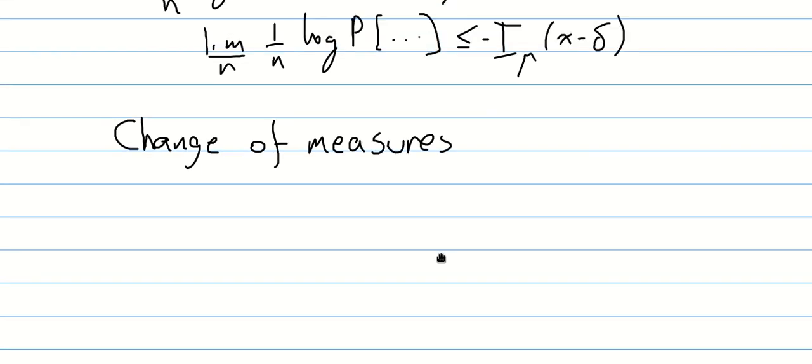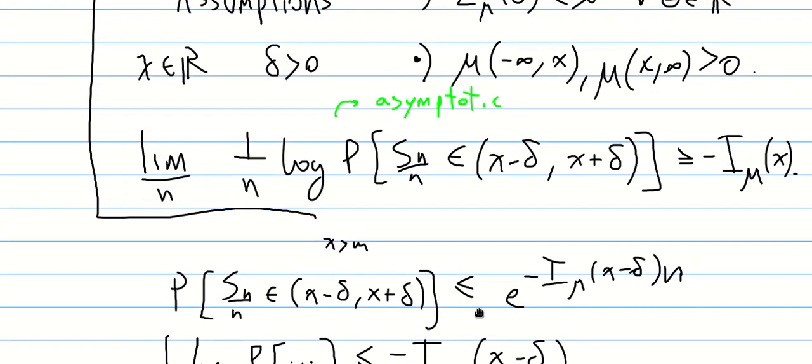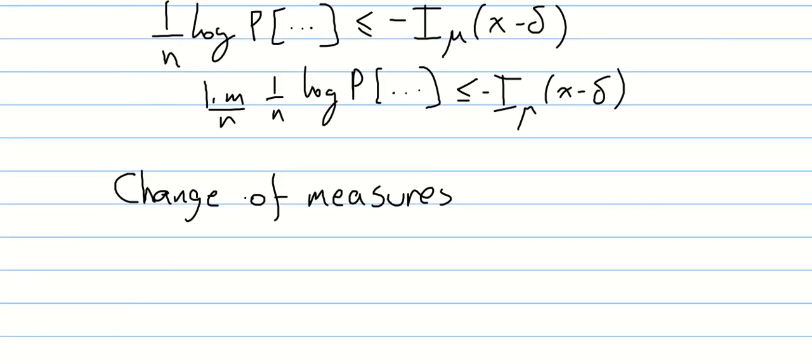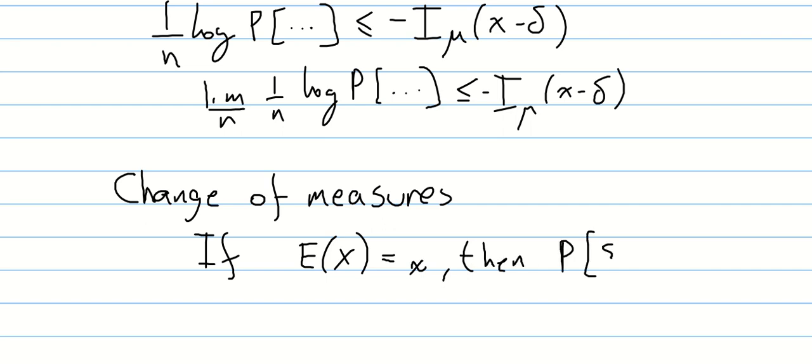So the idea behind this proof is the following. I don't know how this decays. I know that if the expectation of x was equal to little x, then the probability that we are talking about would go to 1.